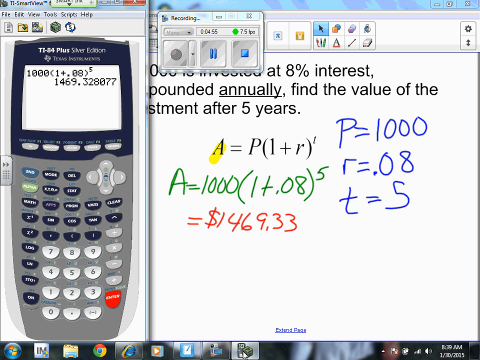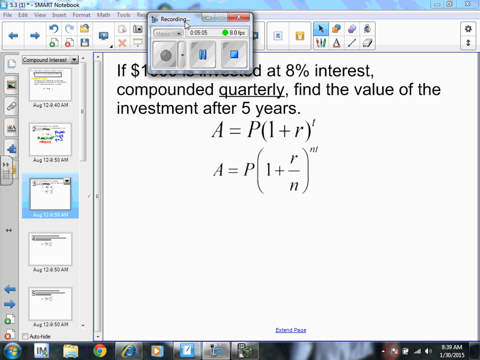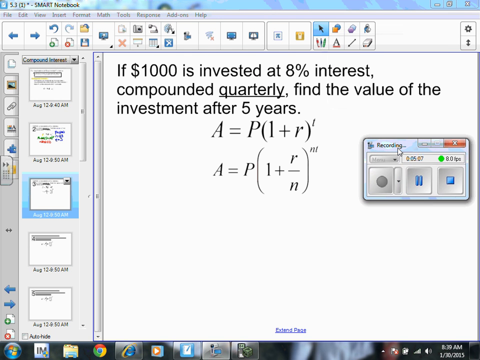All right, so now I'm going to show you problems where we're going to compound more often. Here we've got the formula underneath the one that was given to you on the previous screen, where we've got the value of n, and n stands for how often the compounding happens each year.